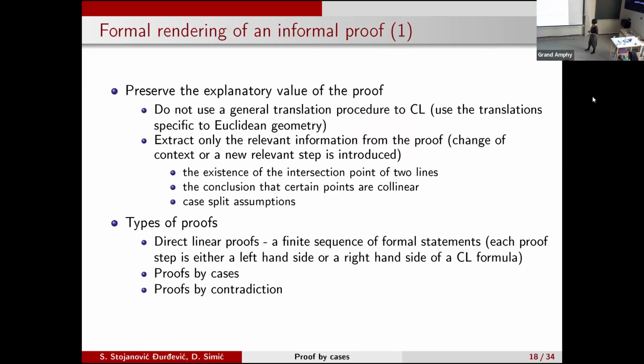Now I would like to get back to the original textbook proof, and to stress how we actually create the semi-formal proof. We did that step by hand, so we didn't automatically generate it, but I think maybe it can be done, though we are not at that stage at the moment.